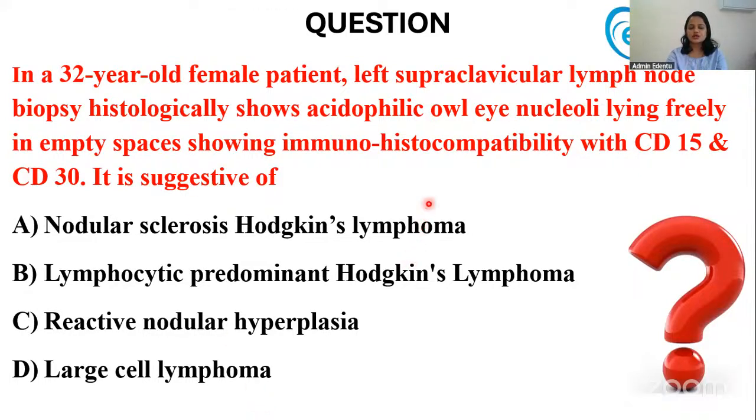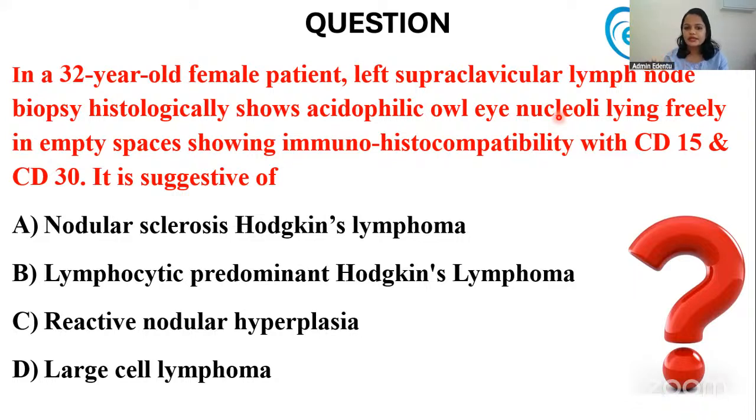In which type of lymphoma will you be able to see keywords like acidophilic owl eye nucleoli? Owl eye nucleoli suggest Reed-Sternberg cells. These Reed-Sternberg cells are a characteristic feature of Hodgkin's lymphoma.